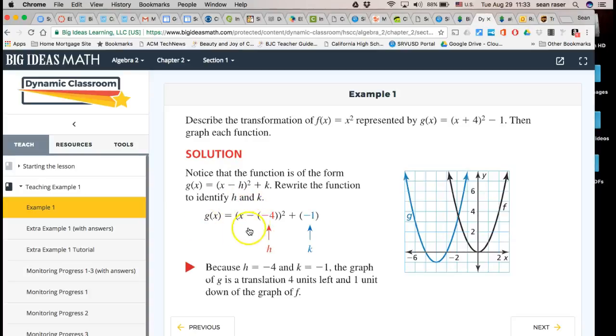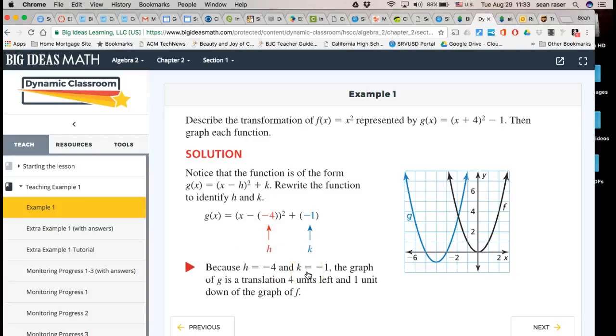So let's go ahead and rewrite this to identify h and k. So here, to get x plus 4, we're actually subtracting negative 4. So x minus negative 4, and then we're adding negative 1 to get our k value. So here our h and k values are negative 4 and negative 1.